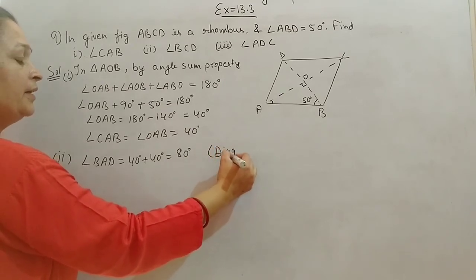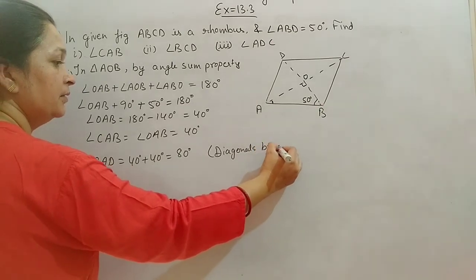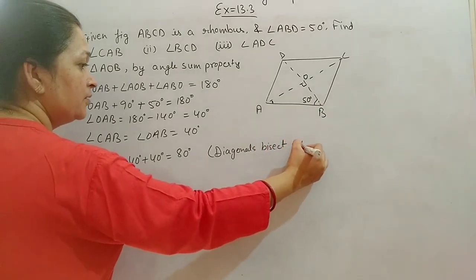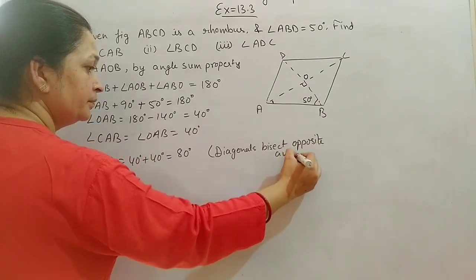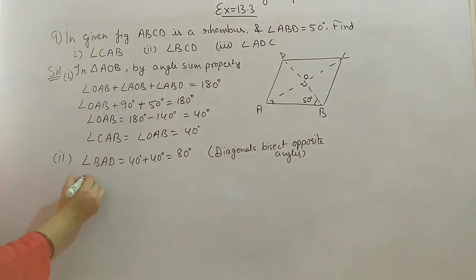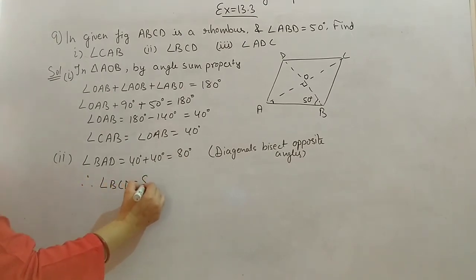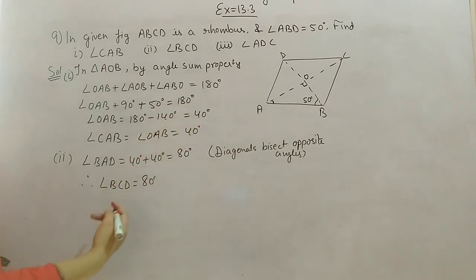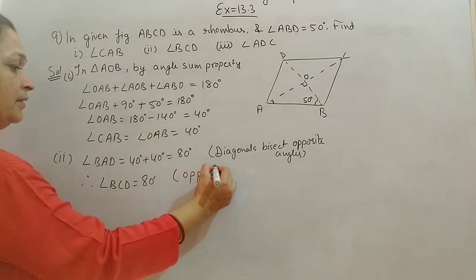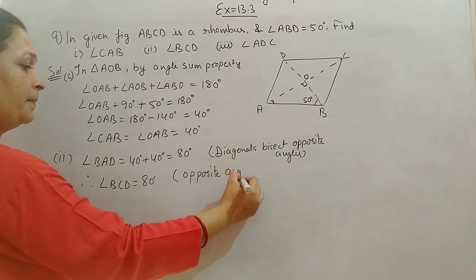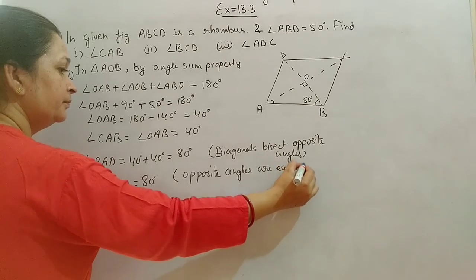You can write diagonal bisect opposite angles also. So that angle, therefore angle BCD will be 80 degree, because opposite angles will be equal. Reason you can write here, opposite angles are equal.